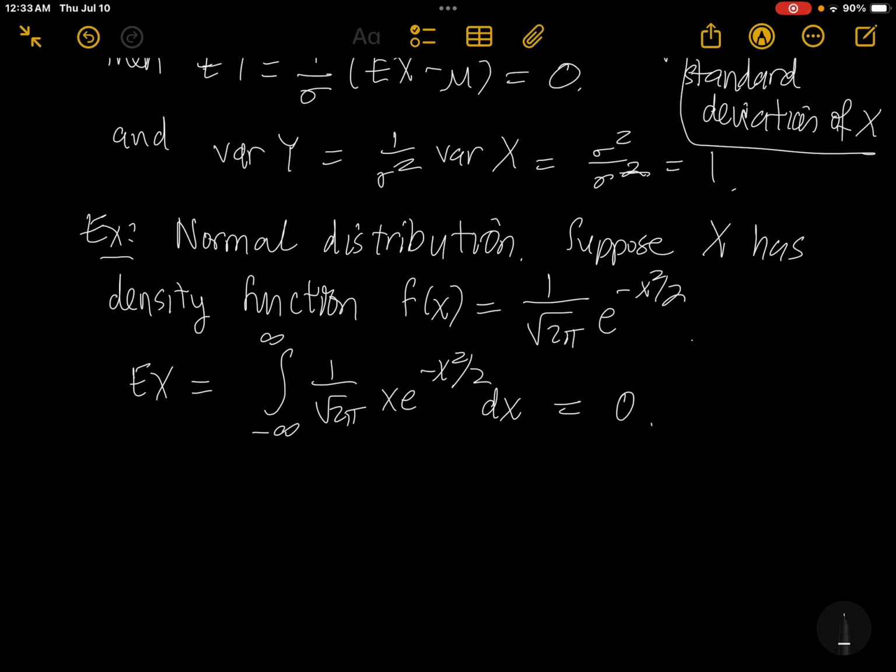Technically, one thing we need to check is that the integral from 0 to infinity and the integral from negative infinity to 0 both exist. But it's easy to check that they exist.